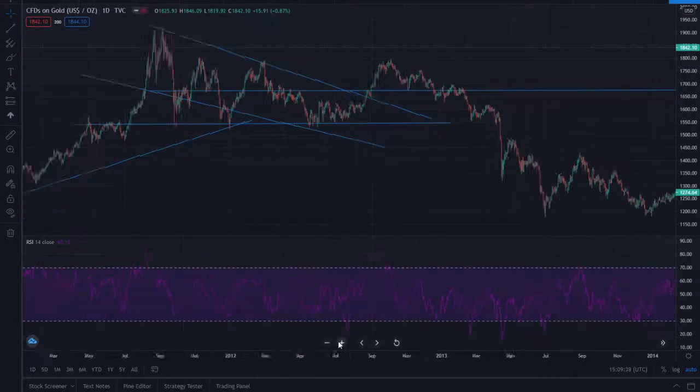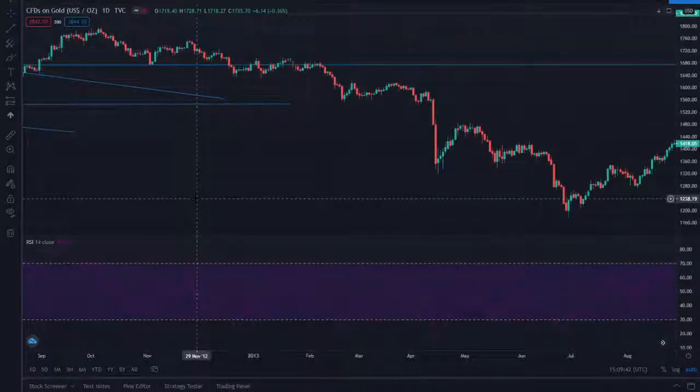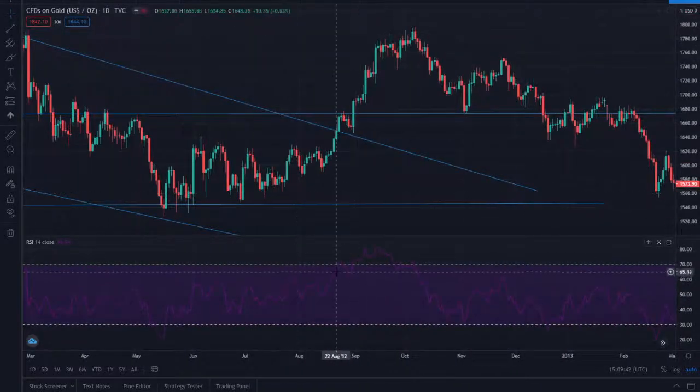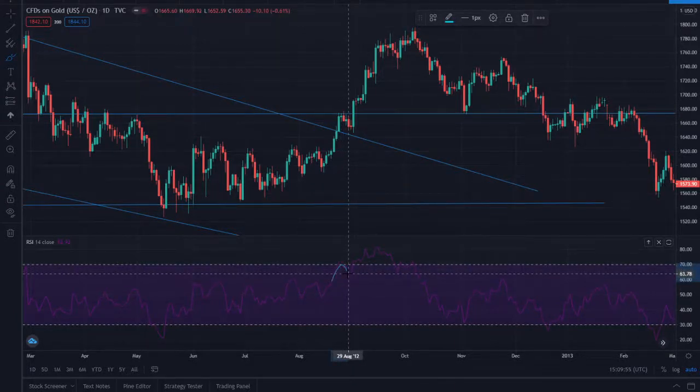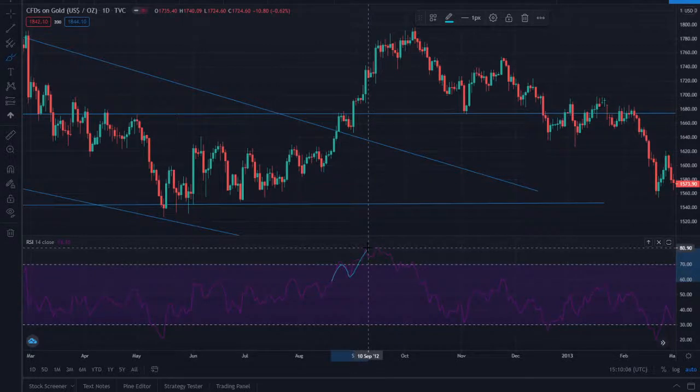And also what you can see here is that the RSI is very similar to the one we are forming now. So it went a little bit like this, in kind of a half mountain, half hook, whatever you want to call it. It had a round edge, and then it went higher from here.